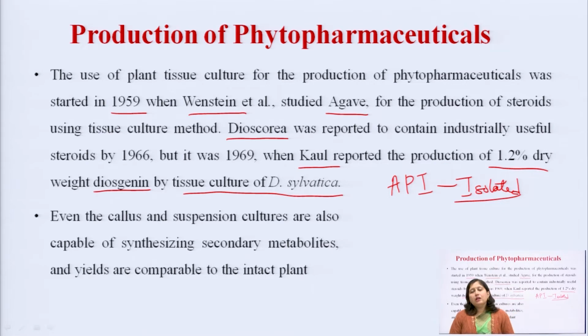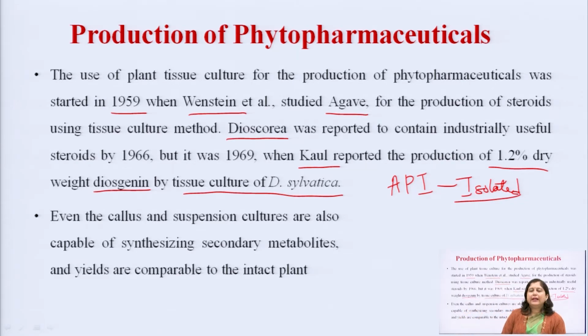So they did the plant tissue culture of which plant? Dioscorea sylvatica, and they saw that we could easily increase the percentage of diosgenin by doing it inside the lab. So this is one important finding or application of plant tissue culture.